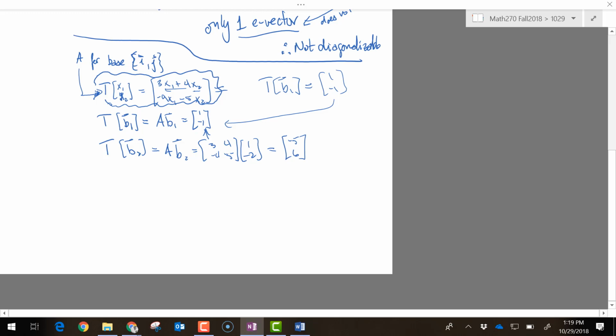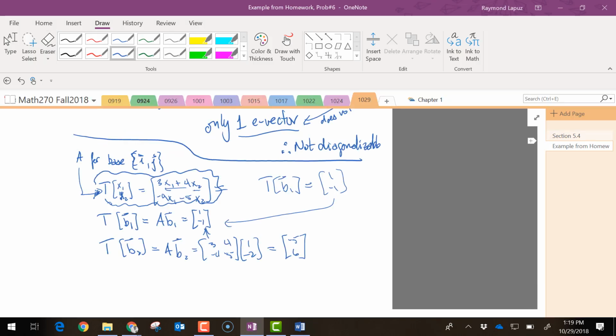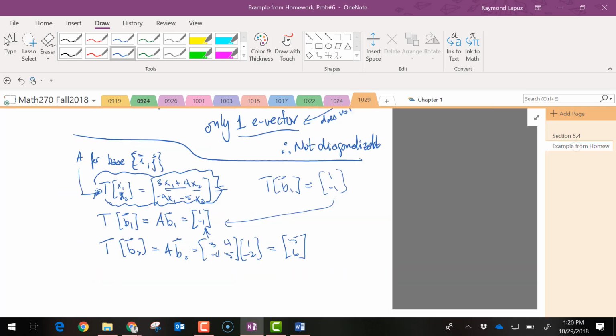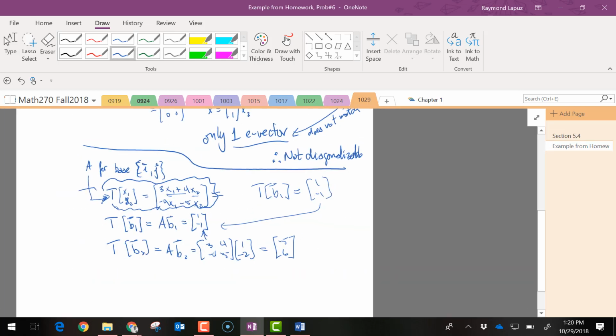The second part is that, according to the theorem, your matrix with respect to the basis vectors is going to be the transformation evaluated at those vectors. So if b1 and b2 are the basis, all I have to do is figure out what vector I get when I put each through the transformation. Whether I use the T that I found or just use the matrix, it's the same thing.